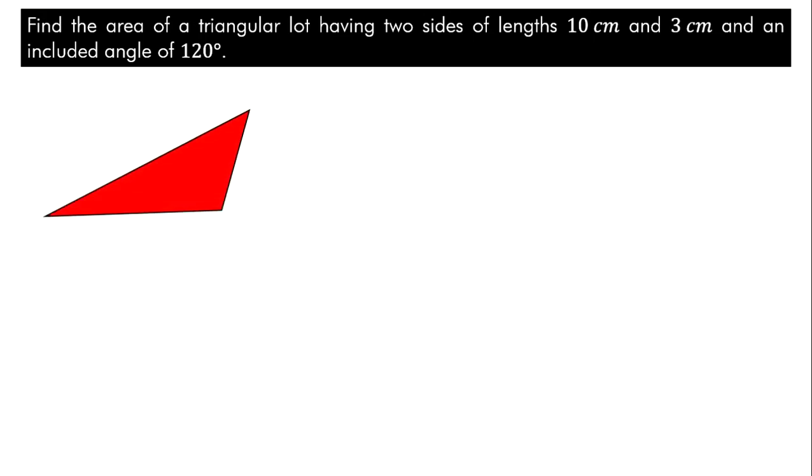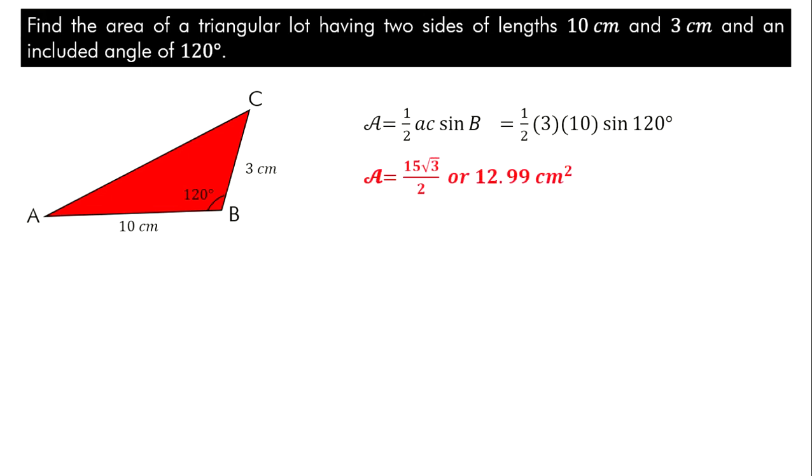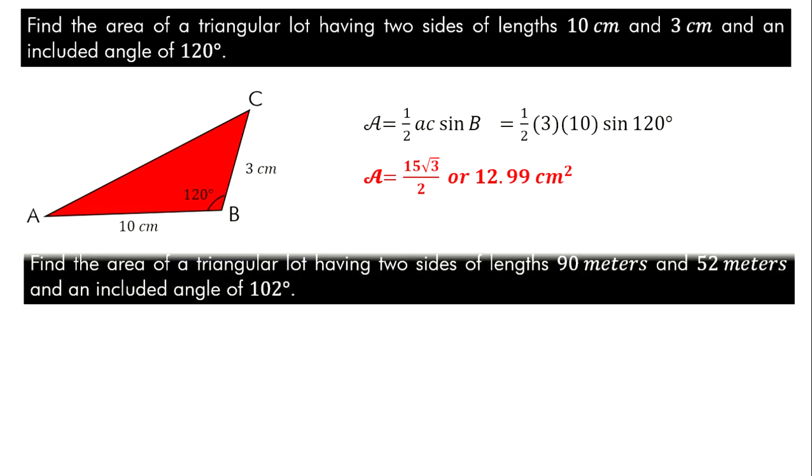Given 120 degrees as our angle, and the two sides as 3 centimeters and 10 centimeters, we substitute in our formula: 1/2 times 3 times 10 times sine 120 degrees. That is 15 square root of 3 all over 2, or in decimal form, rounded off to the nearest hundredths, 12.99 square centimeters.